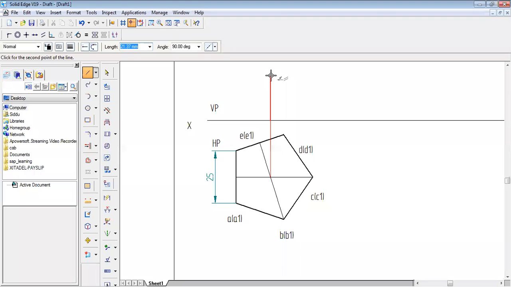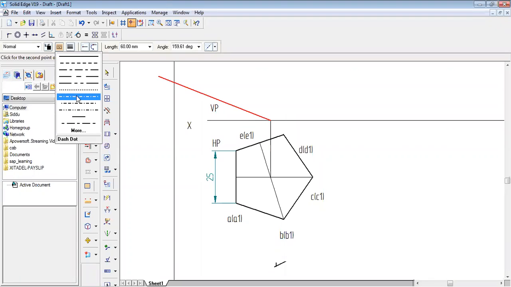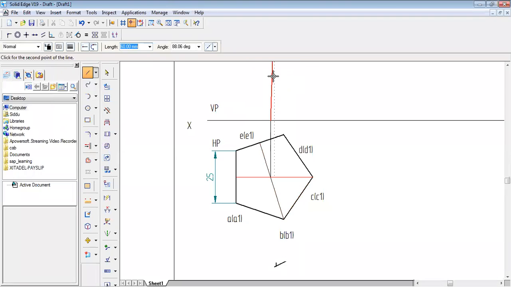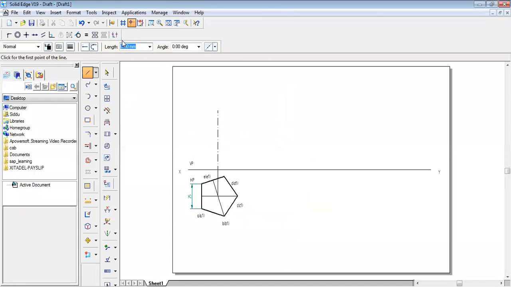From here, the axis length is given in the problem as 60 mm. So now you go for 60, but before that you make this the axis line. Okay, so it saves your time. Done. So this is done now.